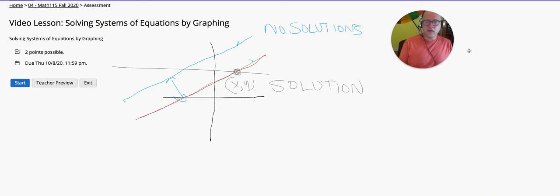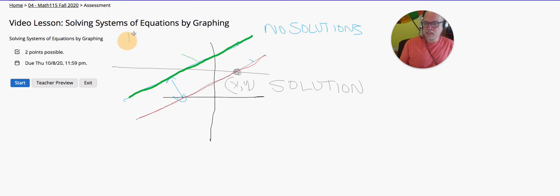Alright, the third option, and I'm going to use the blue line for this one. The third option would be what were to happen if I were to graph an equation and I were to graph another equation and it would end up being the exact same line. For example, this one. What would that be called? Because we don't really know what to do with that. And if we did have that, that's a new possibility.